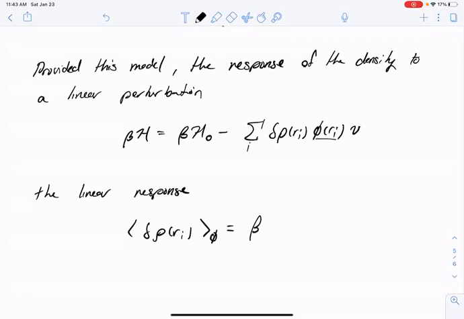This field acts not just on Ri, but on all of the cells. So if I push on cell J, for example, then how that perturbation at J propagates to I is through the correlation function, which tells me how well correlated cell J is to cell I.